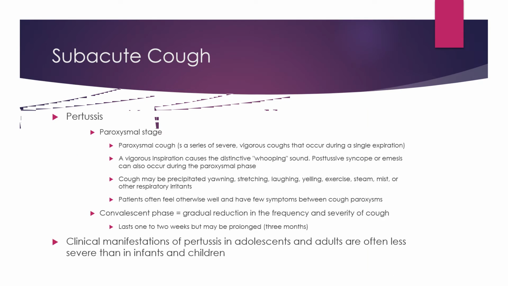In our next phase, the paroxysmal phase, there is a series of vigorous coughs that occur during a single expiration. The vigorous inspiration causes a distinctive whooping sound, and a post-tussive syncope or emesis can also occur during this paroxysmal phase.